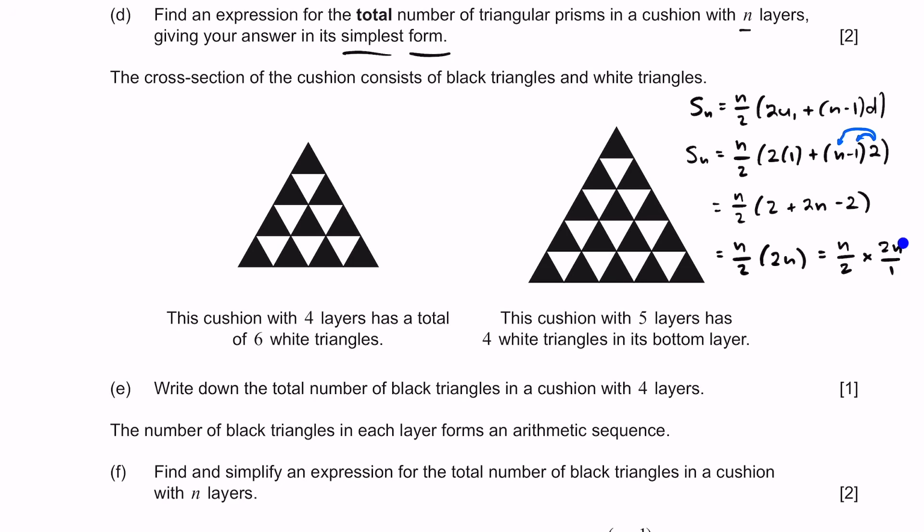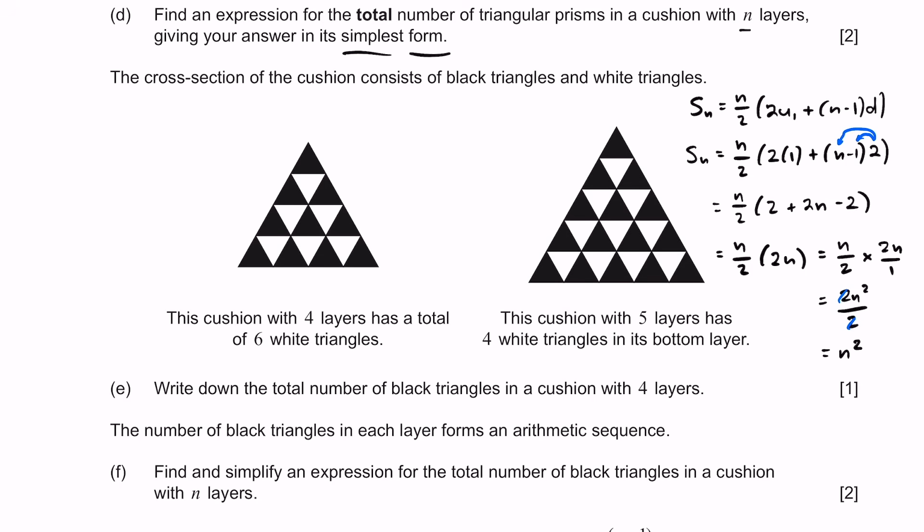So n times n is n squared, times 2 gives us 2n squared. And then this is all going to be over 2. And 2 over 2 is going to cancel out, and we're left with just n squared.